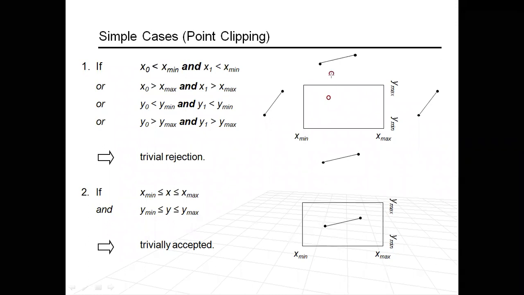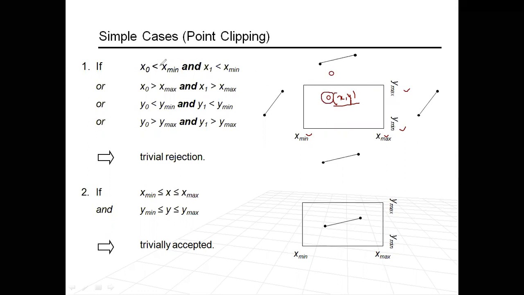Every point will be given with an x and y value. Every point is provided with a unique address, that is the x comma y value. Simply by checking the x and y value against the inequalities of x min, x max, y min, y max, you can easily find whether this point is within the visible region or outside it.